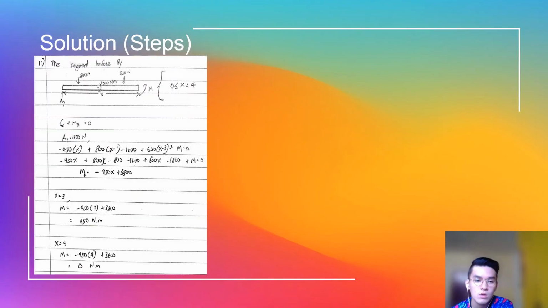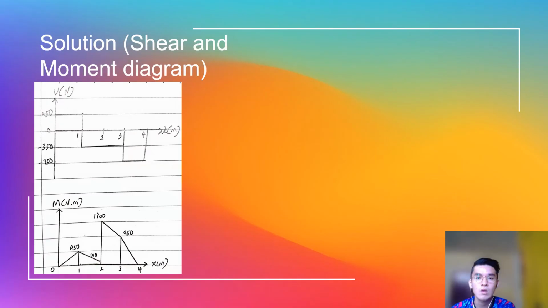For the segment at BY, we found that the moment at s equal to 3 was 950 Newton meter, while the moment at point s equal to 4 was 0 Newton meter. These are the shear and moment diagrams at BY.